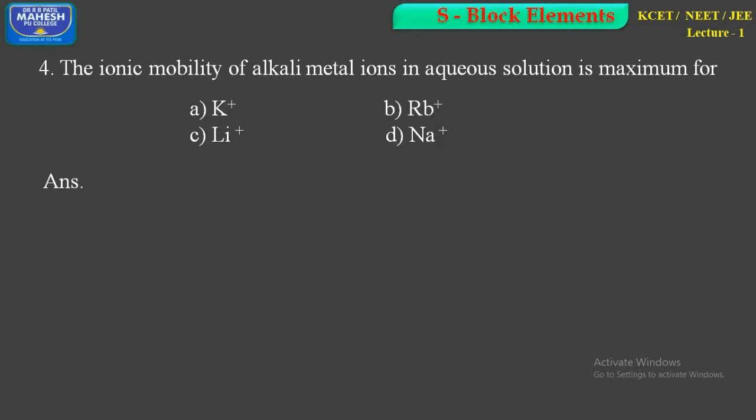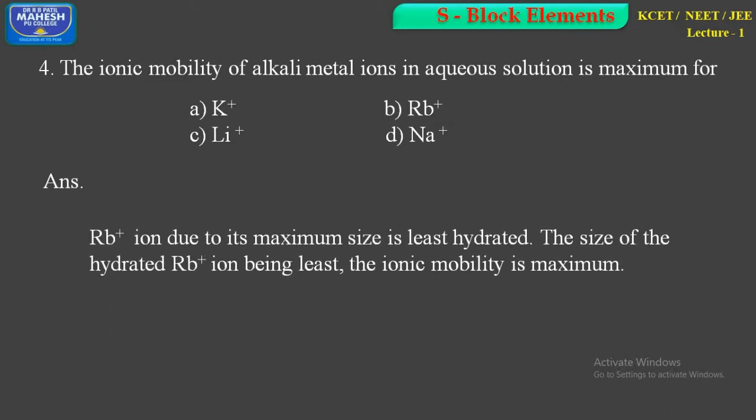In case of rubidium cation, due to its maximum size, it is least hydrated. And the size of the hydrated rubidium cation being least, the ionic mobility is maximum. Thus, option B is the right answer, rubidium cation.